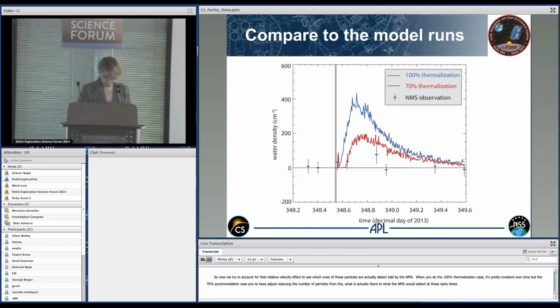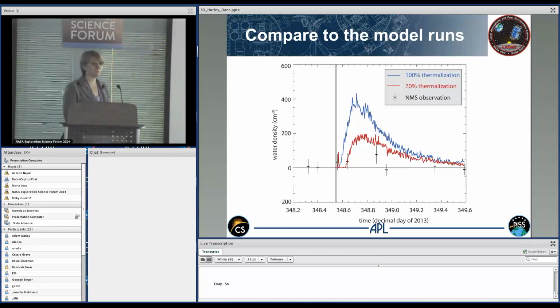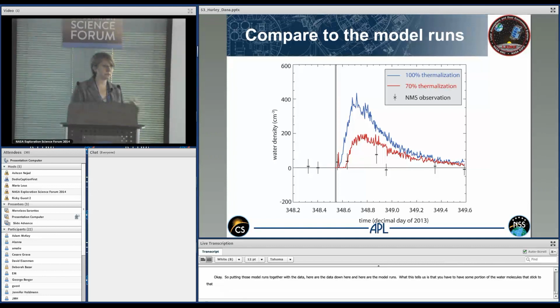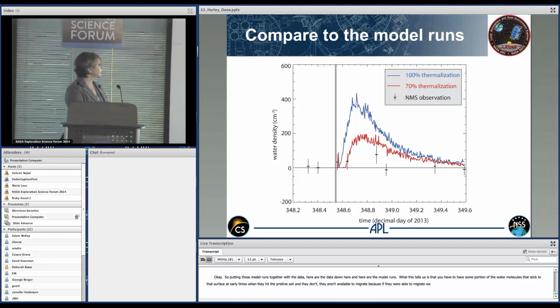Okay, so putting those model runs together with the data, here are the data down here, and here are the model runs. So what this tells us is you have to have some portion of the water molecules that stick to that surface at early times when they hit the pristine soil, and they aren't available to migrate, because if they were available to migrate, we would have seen much higher signatures.